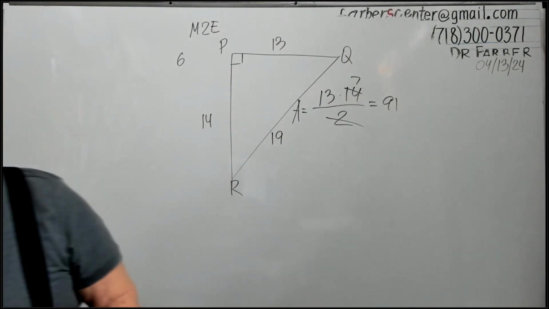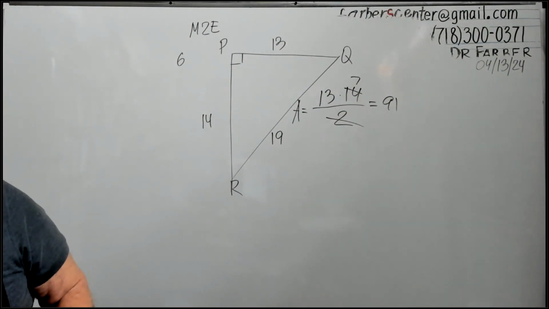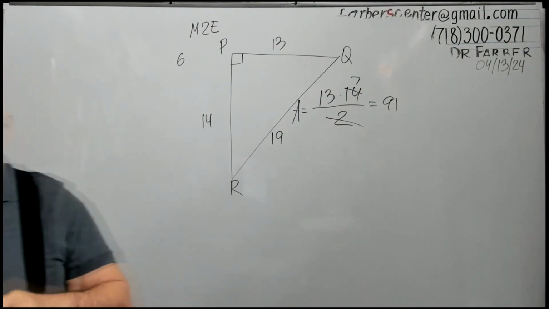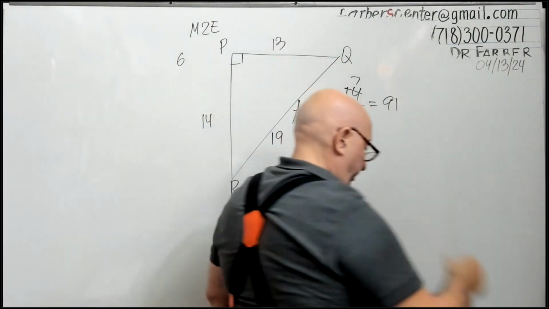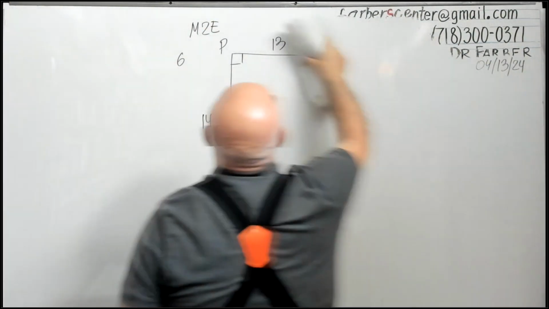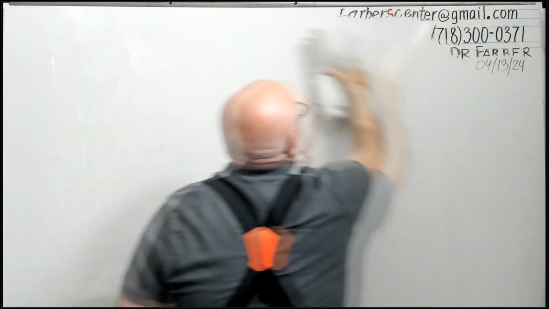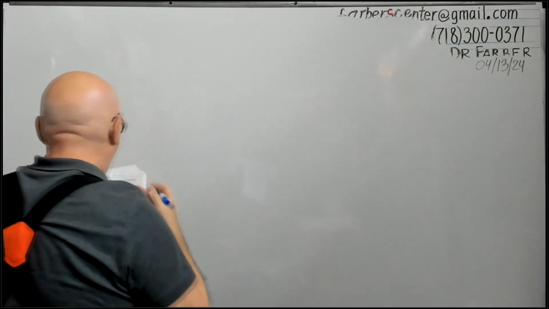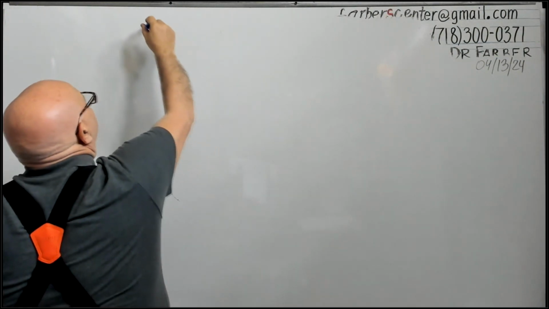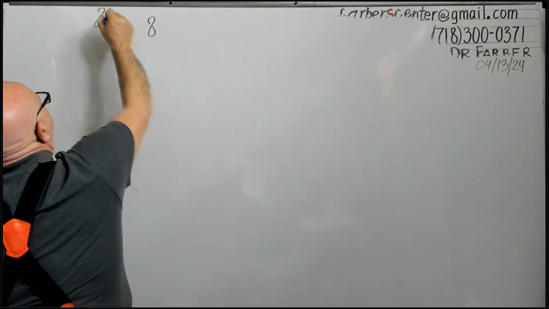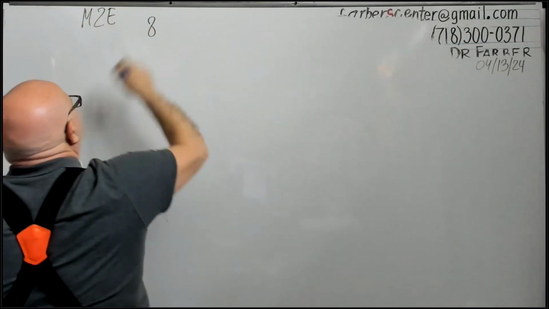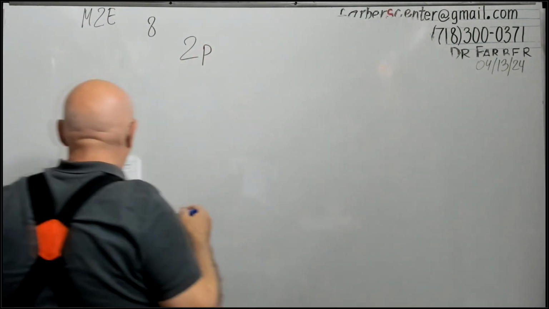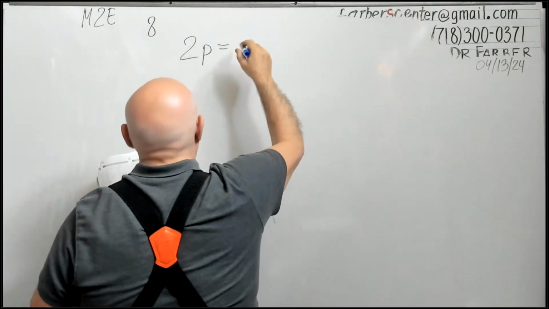Next is number 8. In number 8, module 2E, number 8, they have 2p squared equals 2p plus 4.